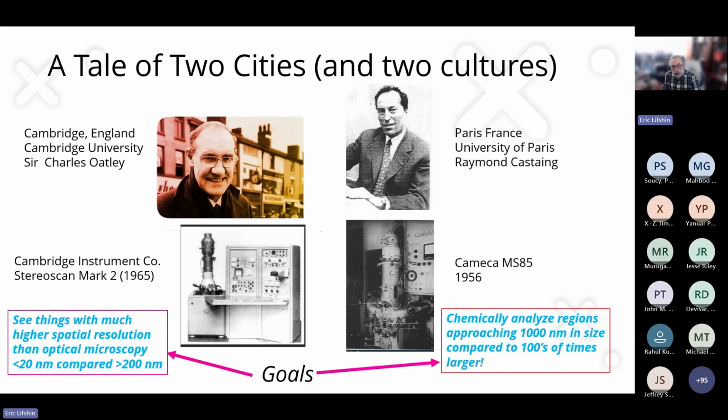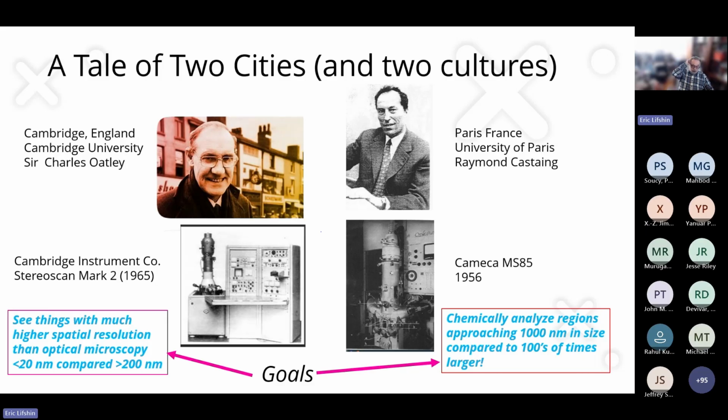And it's also a tale of two cultures, a culture of microanalysis, and that brings me to mention the very important name of Raymond Castaing, who was the developer of the electron microprobe, which was first commercially introduced in 1956, and also Professor Charles Oatley at the engineering department in Cambridge University.